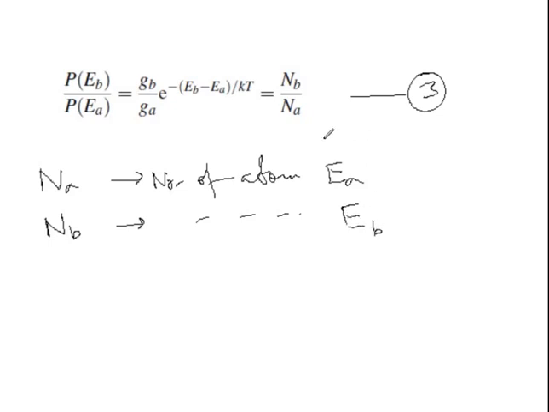Now let us go through an example. Let us just consider calculating the temperature at which we can expect an equal number of atoms in the ground state and in the first excited state.